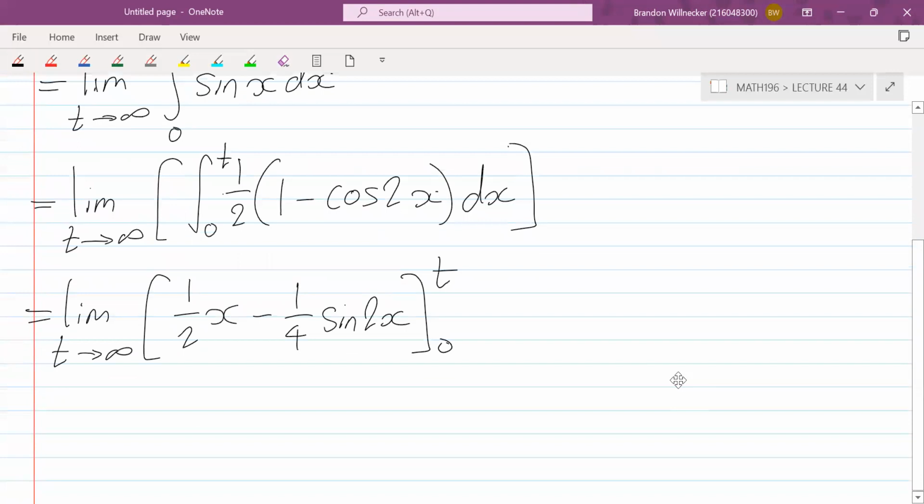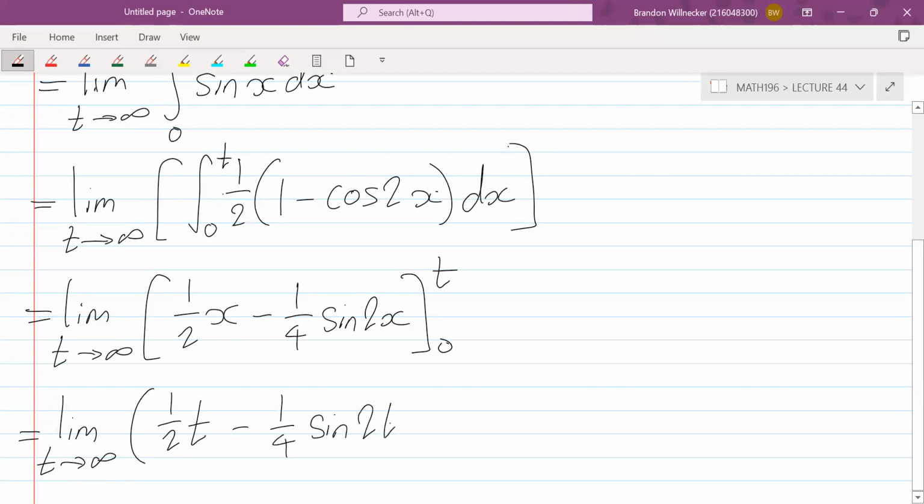Now we can substitute t, and substitute 0, and see what we get. This is the limit as t goes to infinity of 1/2 t minus 1/4 sine 2t. If we substitute 0, we just get 0.